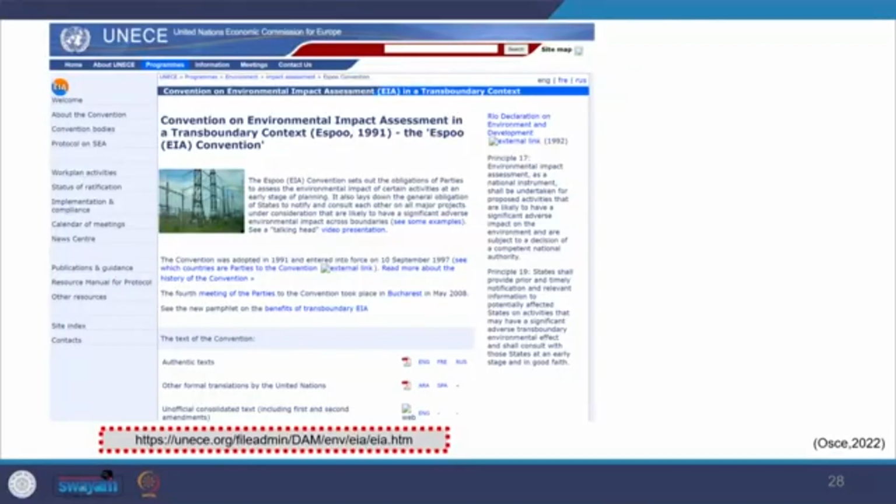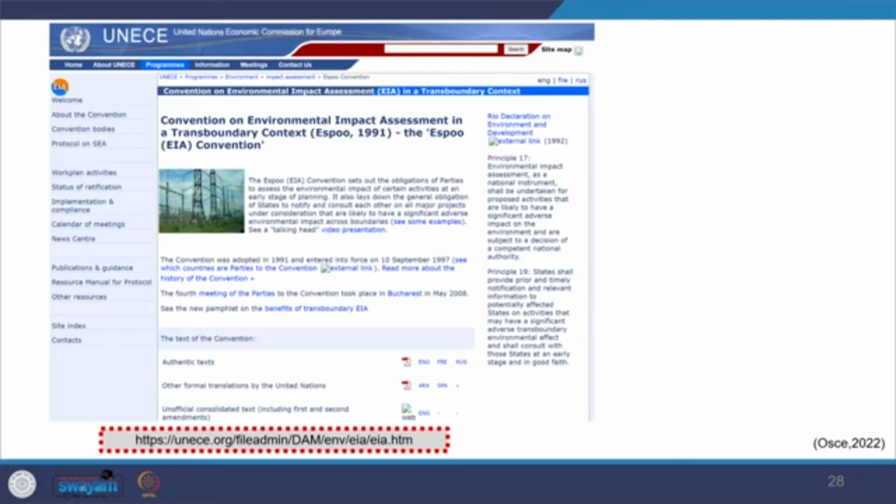Further, similarly on this principle, you see the Espoo Convention, which we have seen before. The Espoo Convention on Environmental Impact Assessment in a Transboundary Context. When more than one nation is involved, in that context this Espoo Convention comes into place.